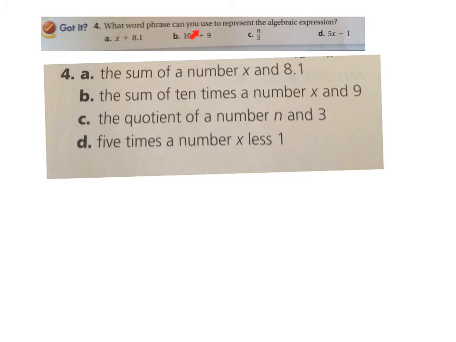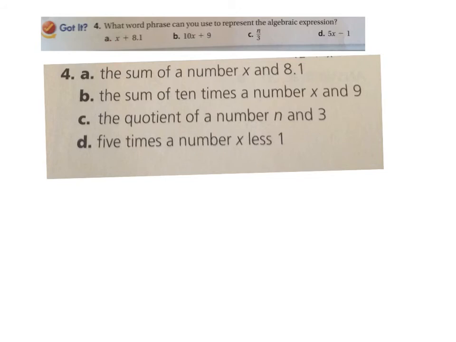Alrighty, here's your got it. What word phrase can you use to represent the algebraic expression? So here is the sum of a number and 8, or a number x if you prefer. This one, the sum of 10 times a number x and y. So adding that y on there, that's where the sum comes in. Or you can say 10 times a number increased by 9.